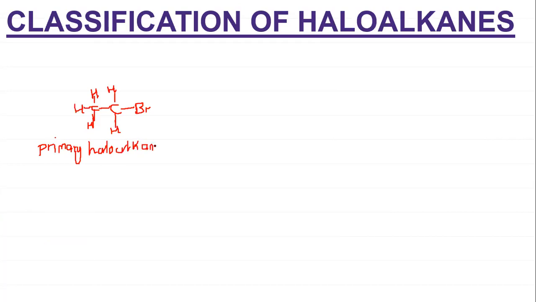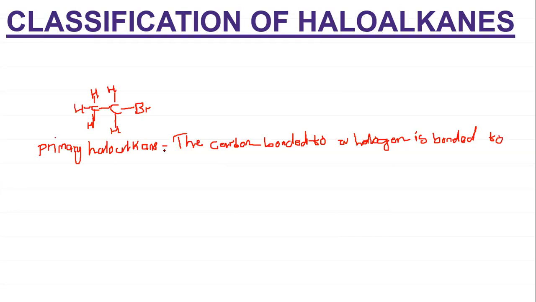And why are we saying it's a primary haloalkane? Because, and we'll ask you for this, my dear learners, the carbon bonded to a halogen is bonded to only one carbon.